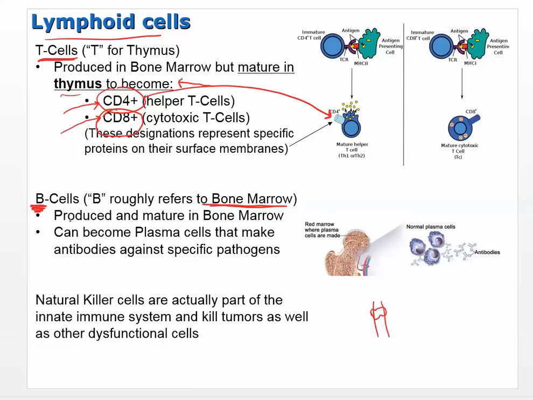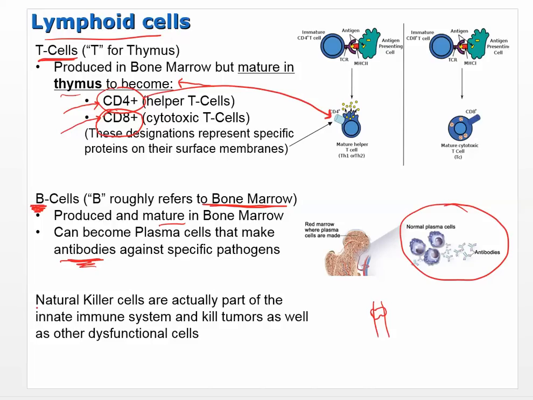Okay, so they're produced and mature there. They can become B cells. Remember, B cells are what becomes plasma cells, and plasma cells are the ones that make the antibodies. Okay, so there's a picture of the B cell making antibodies, which now turns into something called a plasma cell.